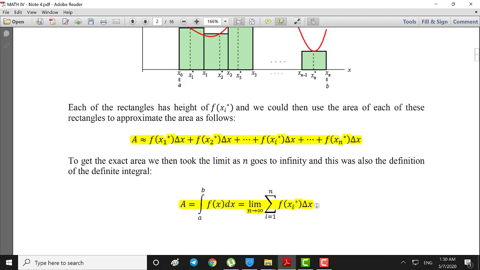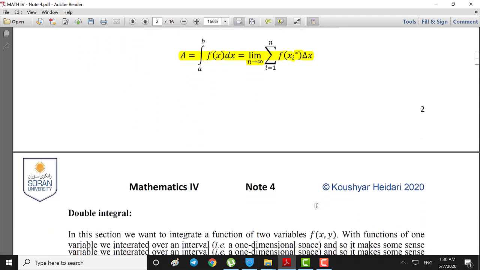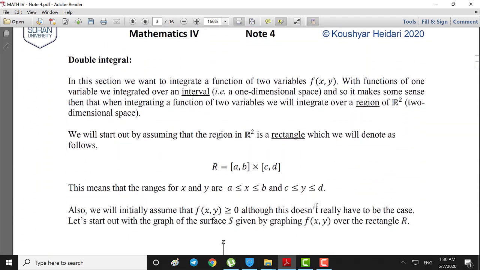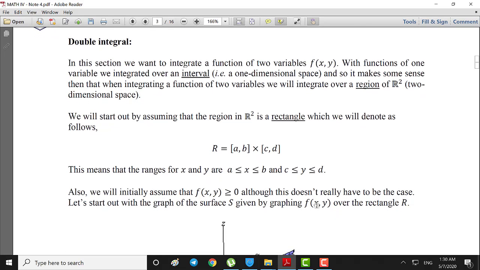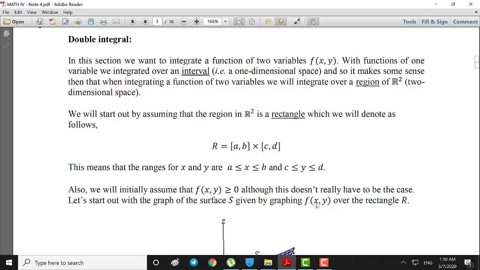Now, for a multivariable function, the process is the same. Now, we want to integrate a function of two variables, f of x and y.